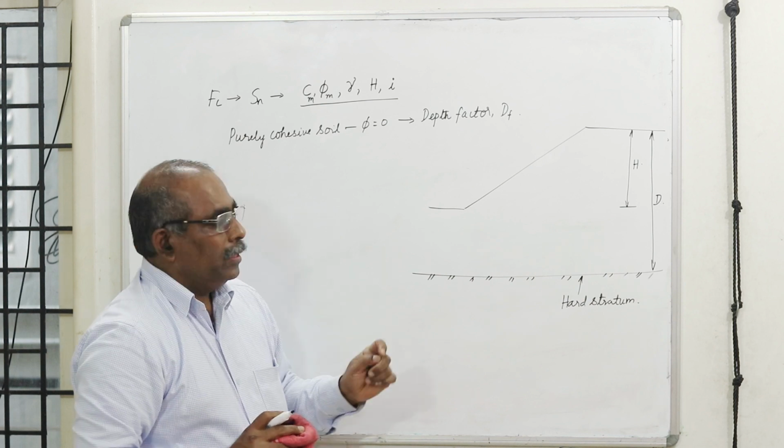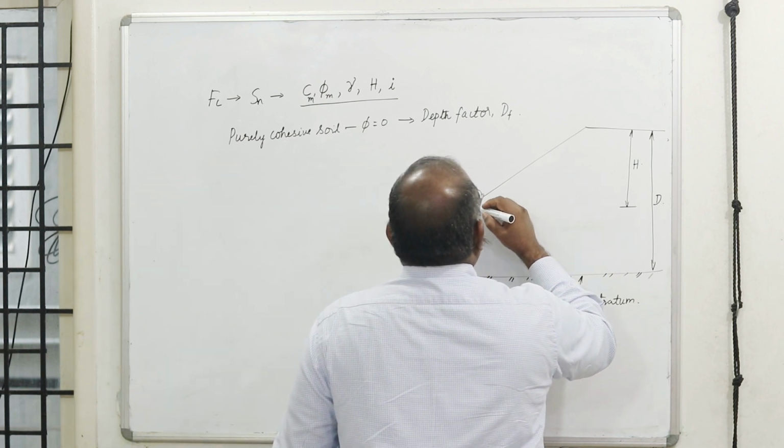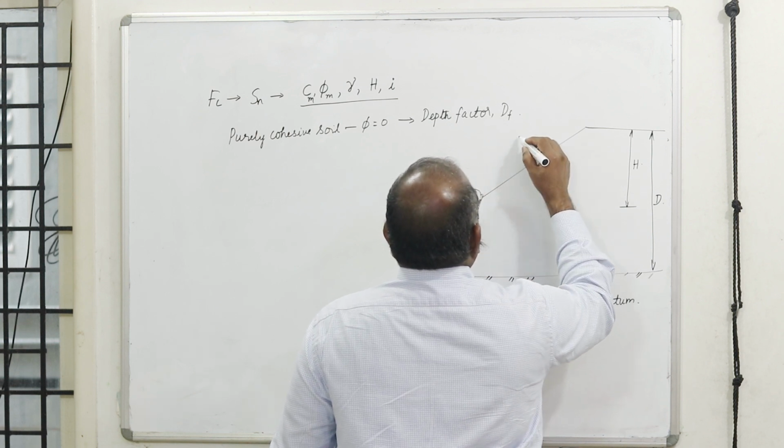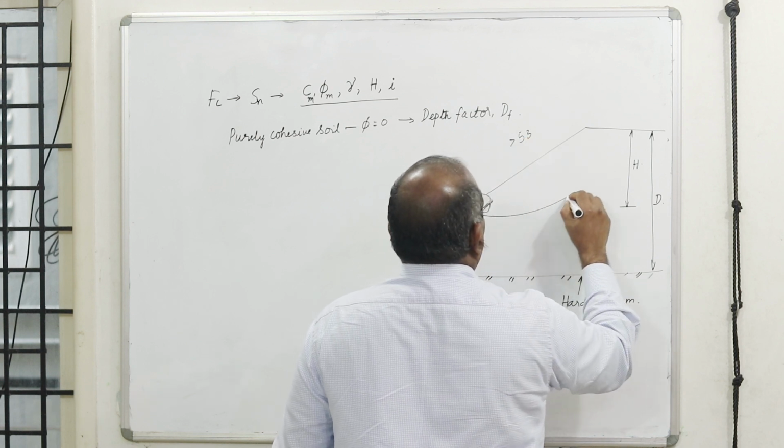Now what happens if I have got a steeper slope? If I got a very steep slope, say greater than 53 degrees, definitely your slip center will pass through the toe of the slope.